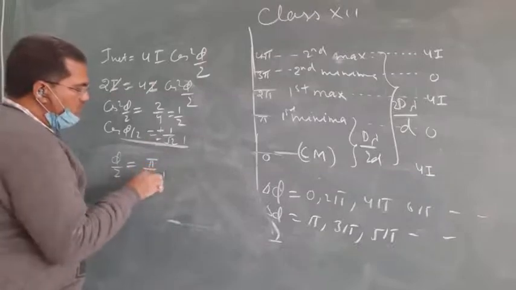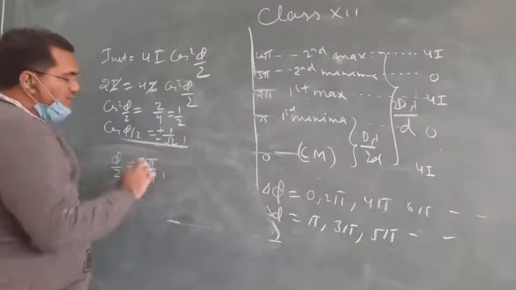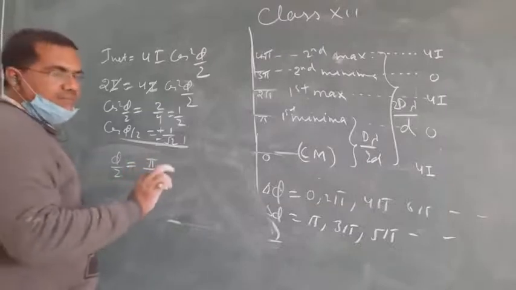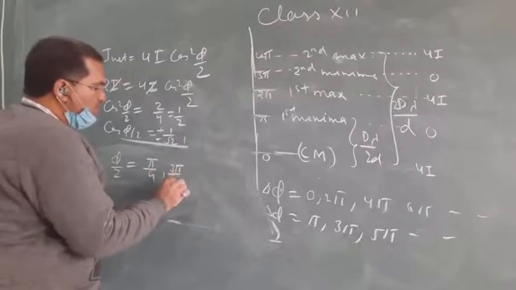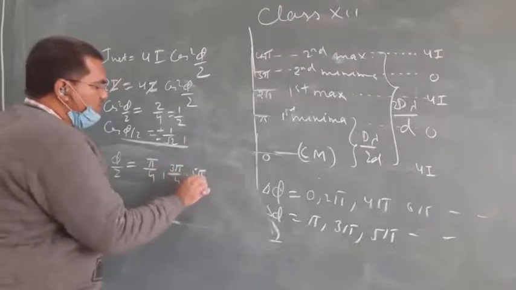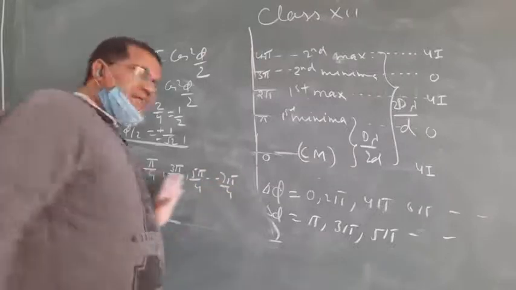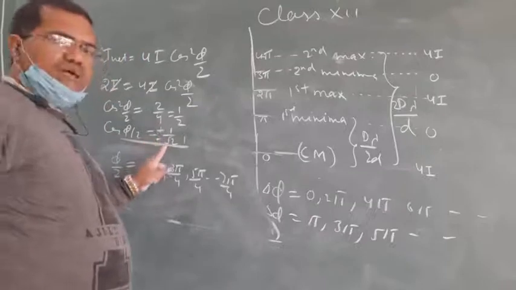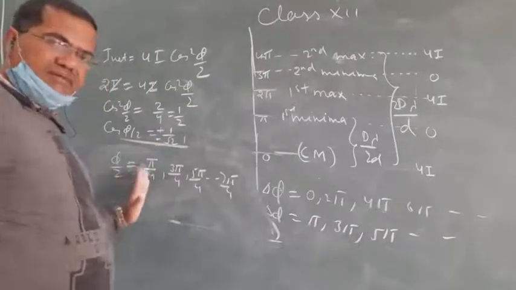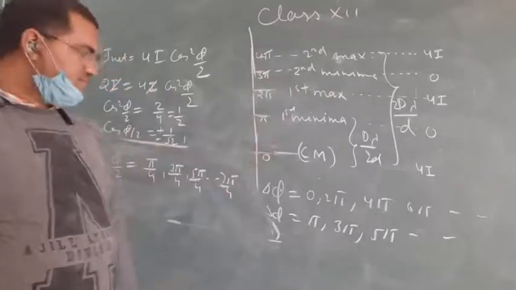First solution, pi by 4. You can take pi minus pi by 4 and pi plus pi by 4, that is 3 pi by 4, 5 pi by 4, and 7 pi by 4, like that. There are many solutions. You can get plus 1 by root 2 and minus 1 by root 2: pi by 4, 3 pi by 4, 5 pi by 4, 7 pi by 4, and like that.